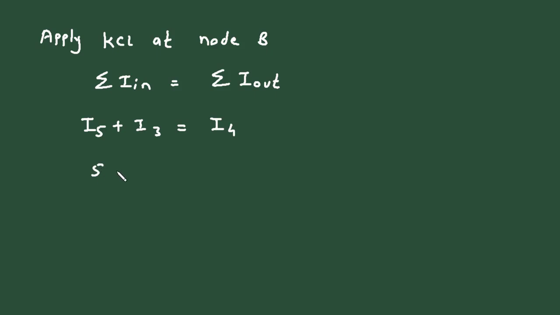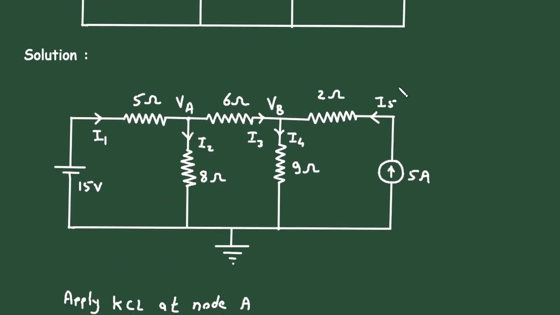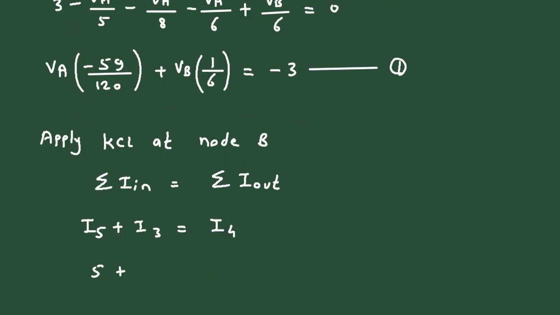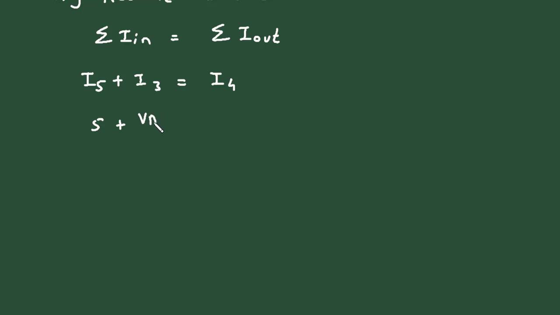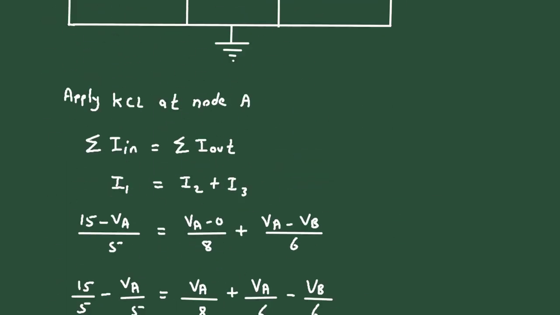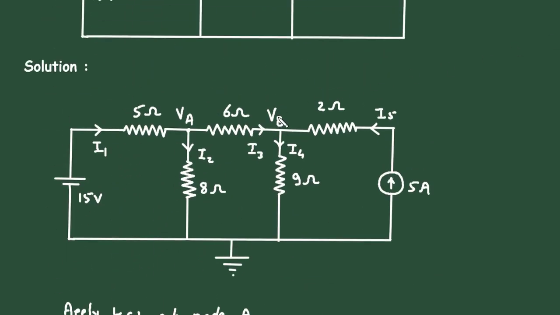So 5 plus I3. Now I3 will be VA minus VB divided by 6, is equal to I4. Now I4 will be VB minus 0 divided by 9.